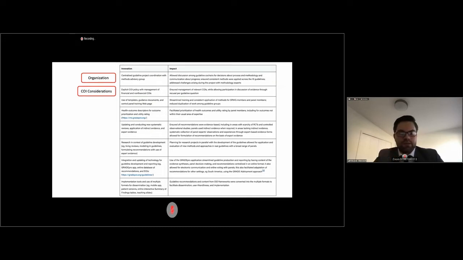That was one innovation we implemented to manage conflict of interest across this large number of guidelines and guideline panelists.